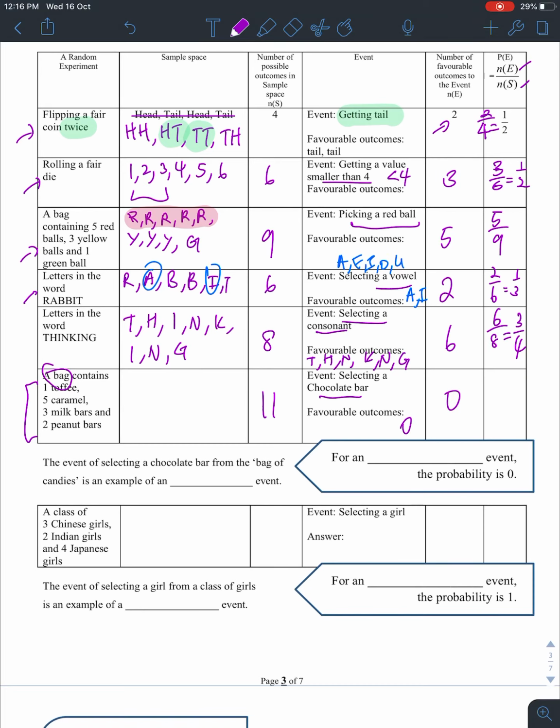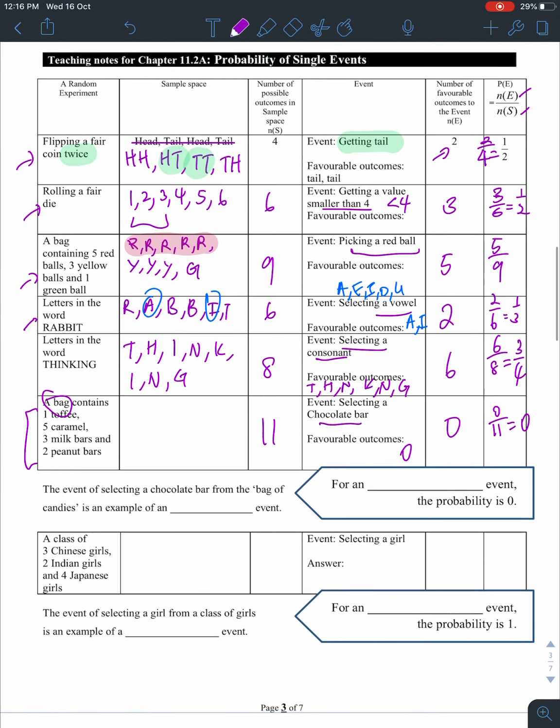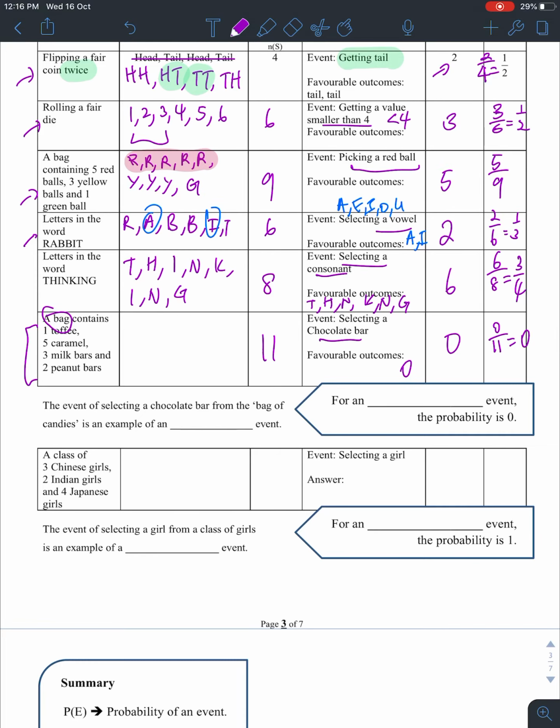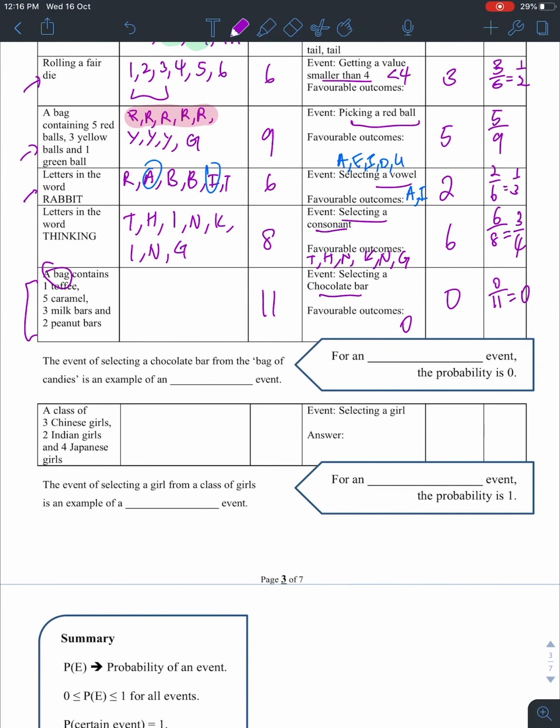So there's no such event. So 0 over 11 simply gives us 0. So what we realize is that if we have probability to be 0, it means that it is an impossible event. Okay, so an impossible event would give us probability equals to 0.